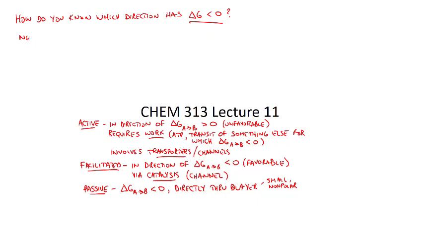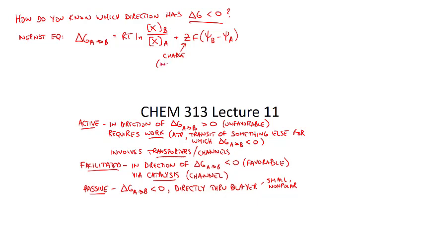The answer is you have to use the Nernst equation, which is that the free energy of transporting a solute from side A to side B is equal to RT natural log of the concentration of whatever solute you have on side B divided by the concentration of that solute on side A, plus Z times F times psi B minus psi A. Z is the charge on the solute X, including the sign.